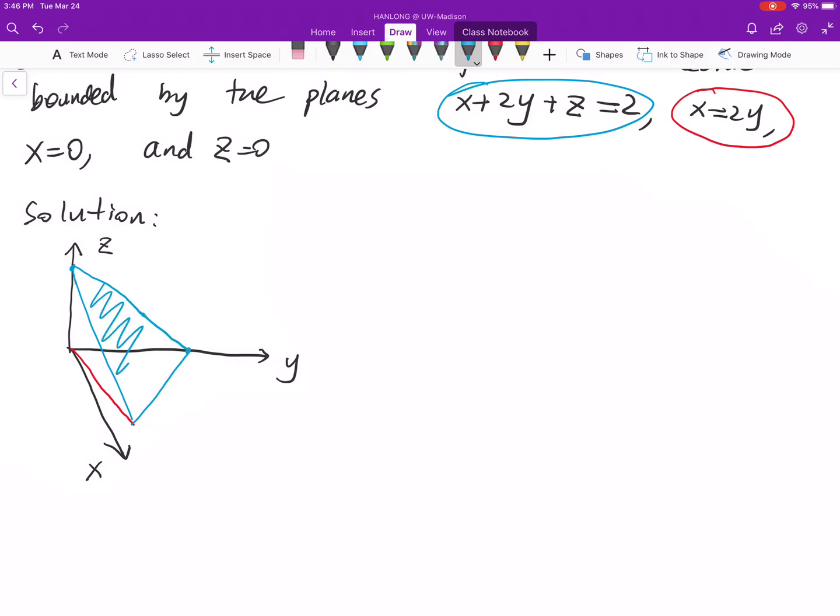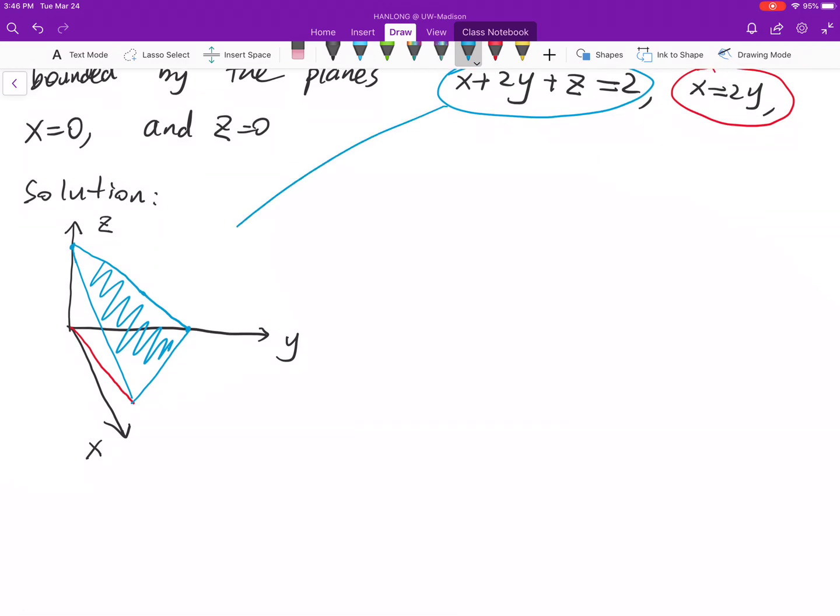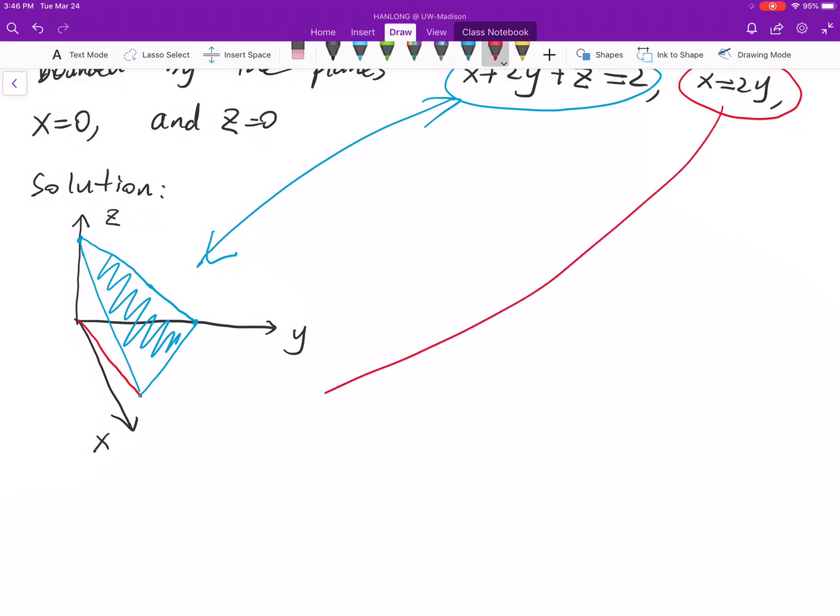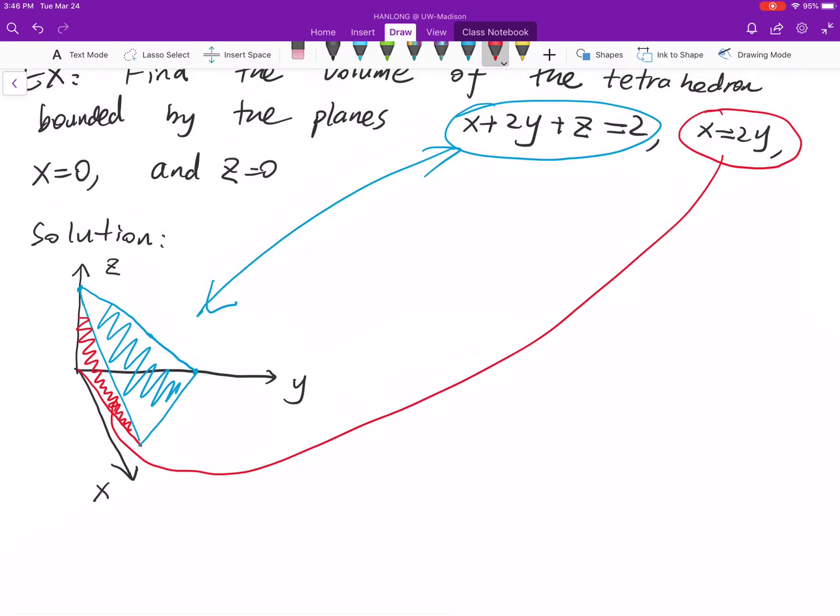So this is the blue plane corresponding to this. And then this will be the red one. And of course, this one, x equals 0, is the zy plane, yz plane. So on the back, and z equals 0 is xy plane on the bottom.